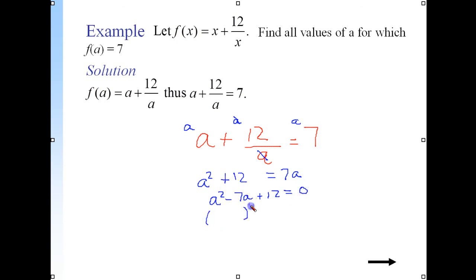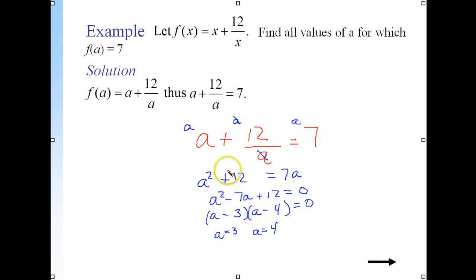Now we factor a, 4, 3, both minus. So here a will equal 3. Here a will equal 4. So our values that will satisfy this will be either a 3 or a 4.